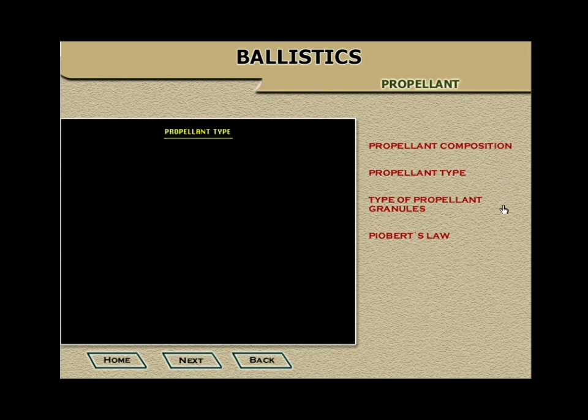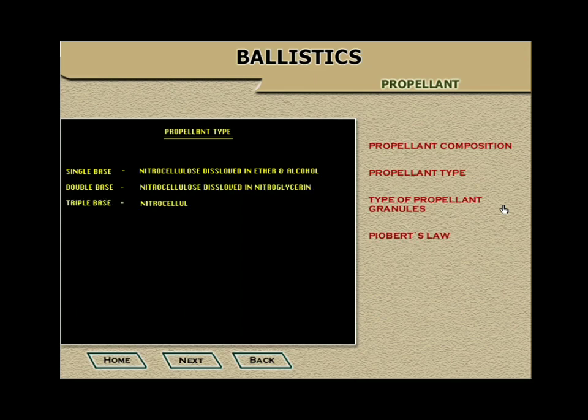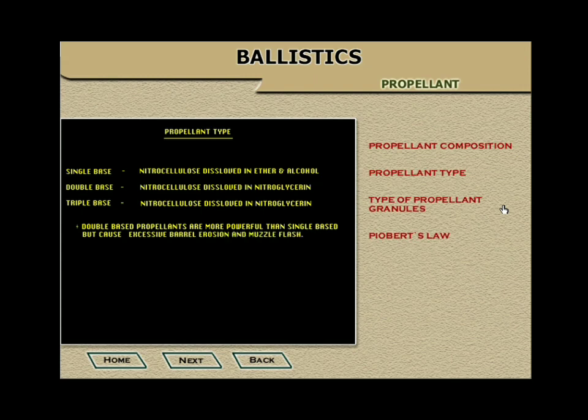There are three main types of propellants: single-based, double-based, and triple-based propellants. Double-based propellants are more powerful than single-based, but cause excessive barrel erosion and muzzle flash. Triple-based propellants are the best, as they reduce these effects by addition of cool burning nitroguanidine.